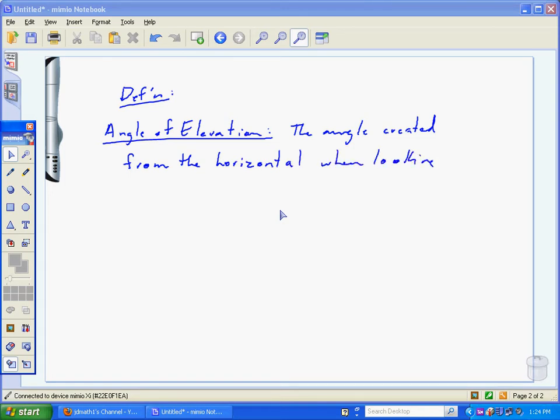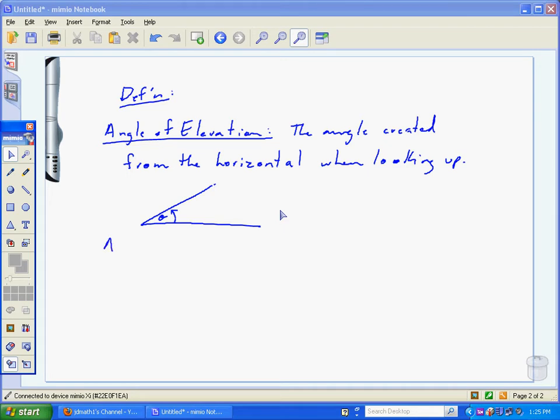If you were standing right now and you were to raise your head to look up at the roof, you've created an angle of elevation. In a picture it would look like this. Here's our horizontal, and if I look up, this angle right here is my angle of elevation, angle theta. So pretty simple.